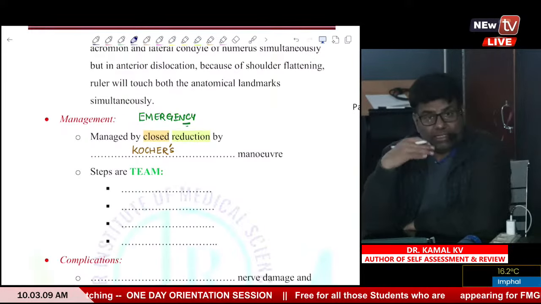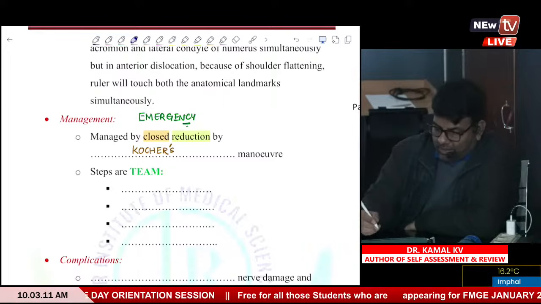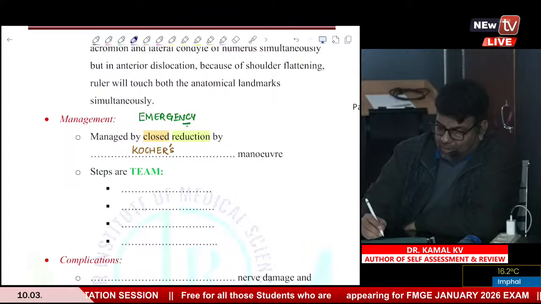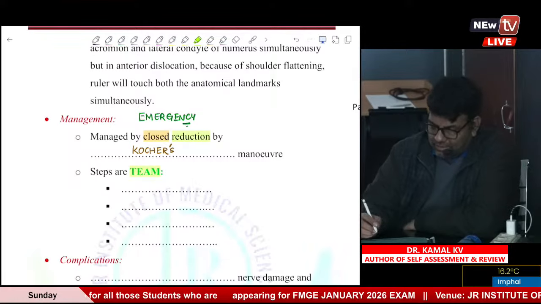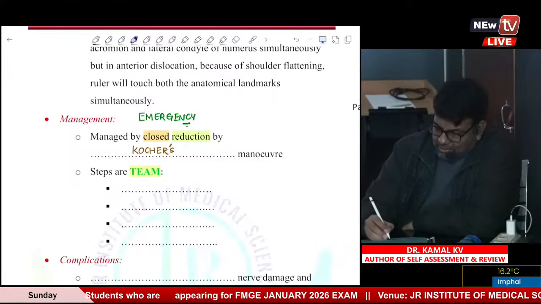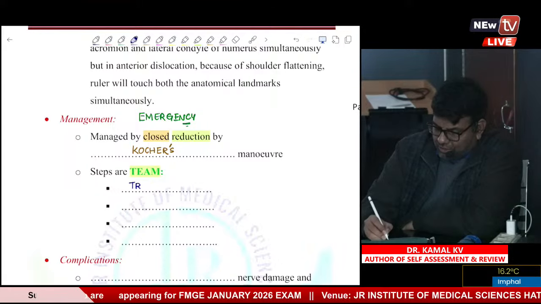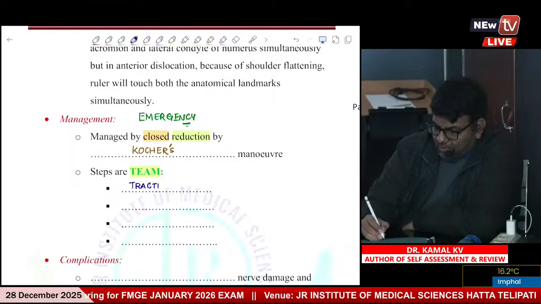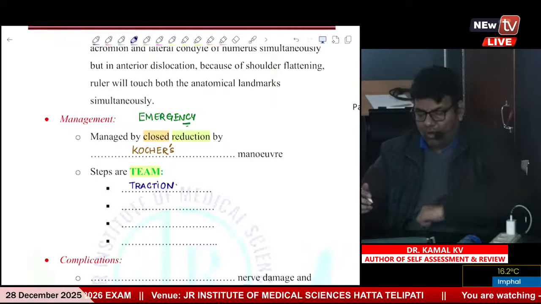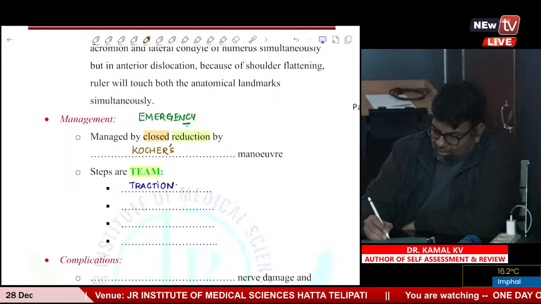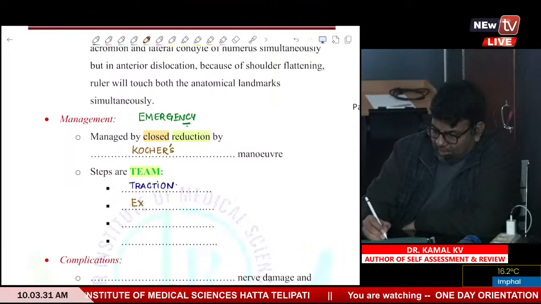The different steps of this Kocher's maneuver can be remembered by the mnemonic TEAM. T means traction. It means you have to pull. E is external rotation.